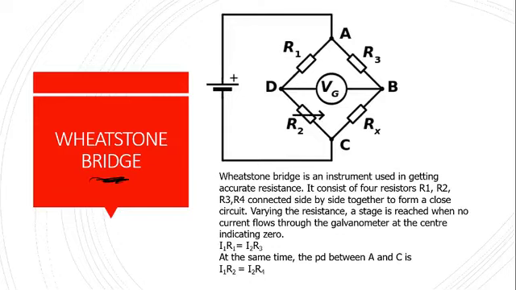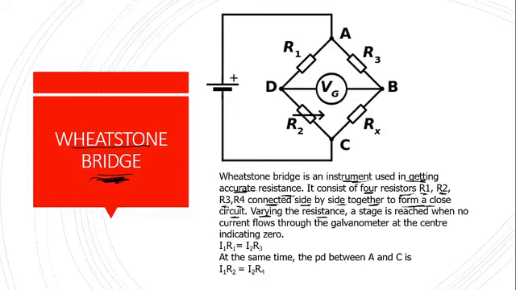What you see here on your screen is called a Wheatstone bridge. The Wheatstone bridge is an instrument we use in getting accurate resistance. Under normal circumstances, it consists of about 4 resistors, namely R1, R2, R3, and R4, and they are connected side by side together to form a closed circuit.